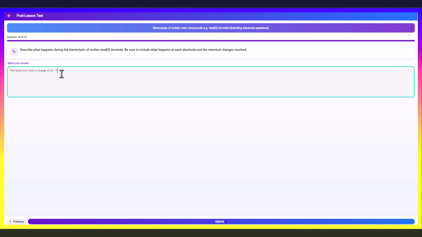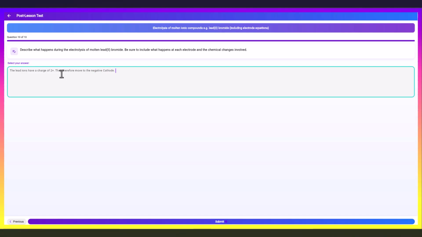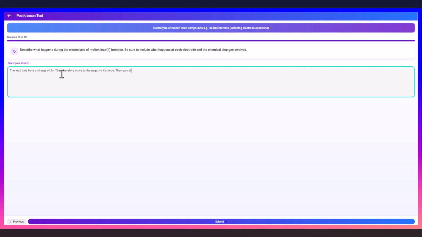I probably should put the ability to speak this bit in, shouldn't I? But anyway, they therefore move to the negative cathode that we learnt. They gain electrons from the cathode to form stable lead atoms.